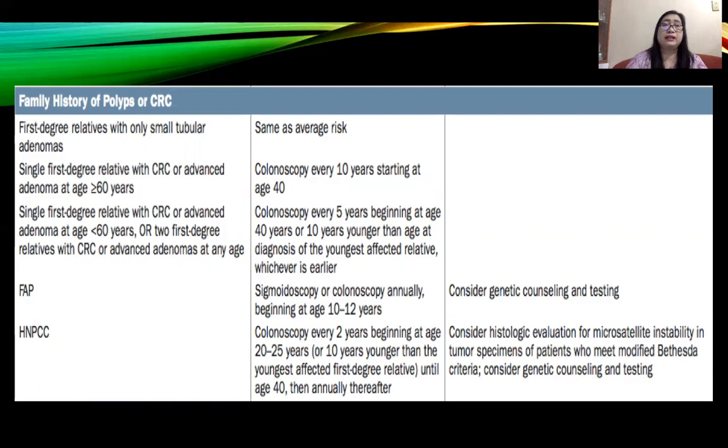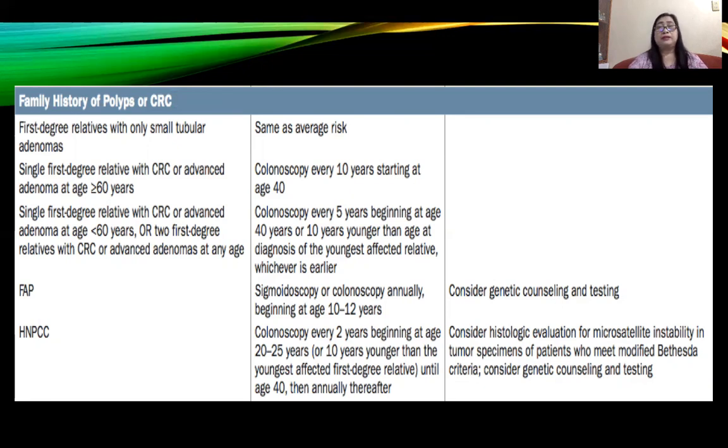If you have a single first-degree relative with colorectal cancer or advanced adenoma at the age of less than 60 years old, or 2 first-degree relatives with colorectal cancer or advanced adenoma at any age, colonoscopy should be done every 5 years, beginning at age 40 or 10 years younger than the age of diagnosis of the youngest affected relative, whichever is earlier.